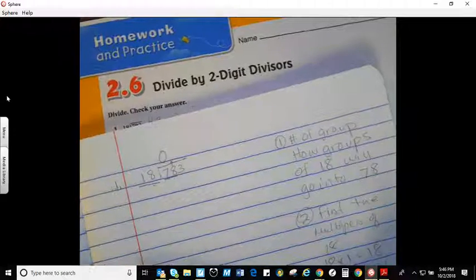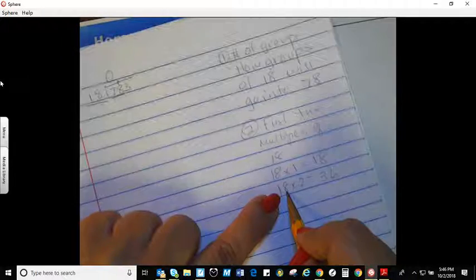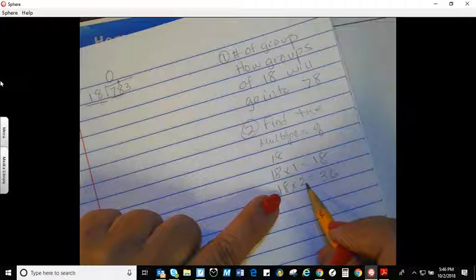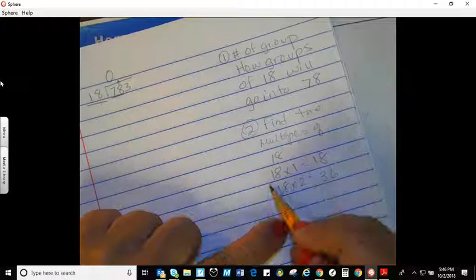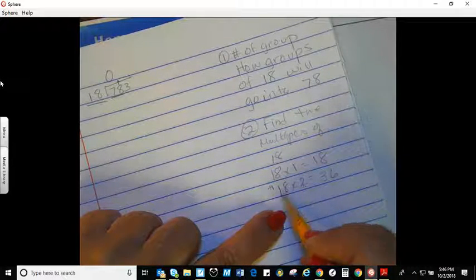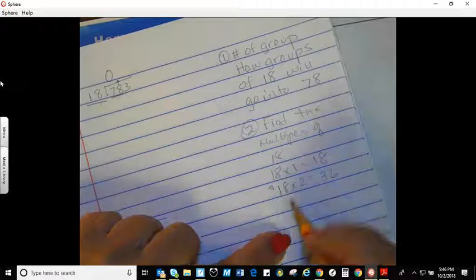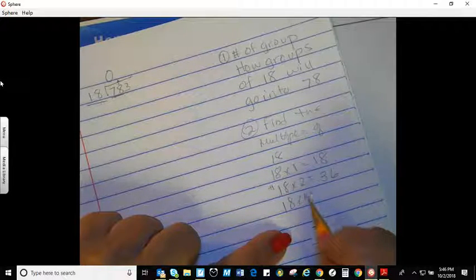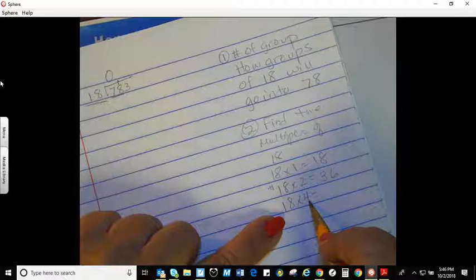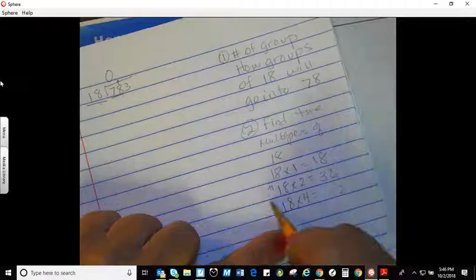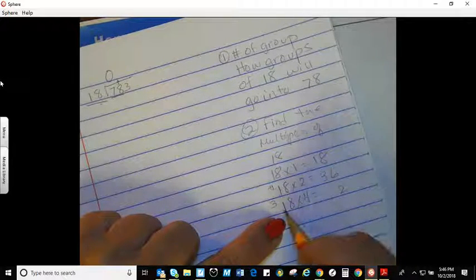Because 2 times 8 is 16. I regroup my 1. 2 times 1 is 2, plus 1 is 3. 18 times 4. 4 times 8 is 32. Regroup my 3. 4 times 1 is 4. Plus 3 is 7.